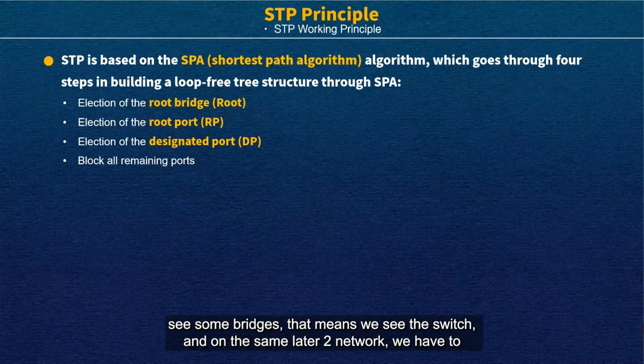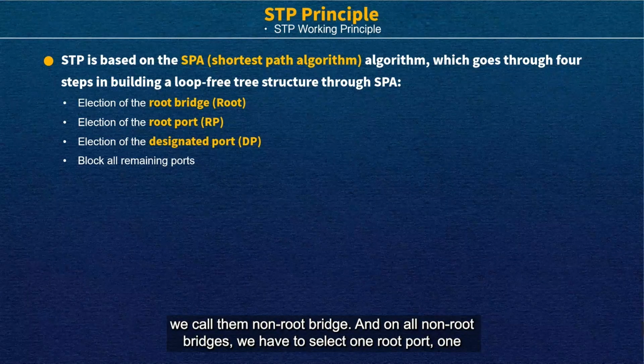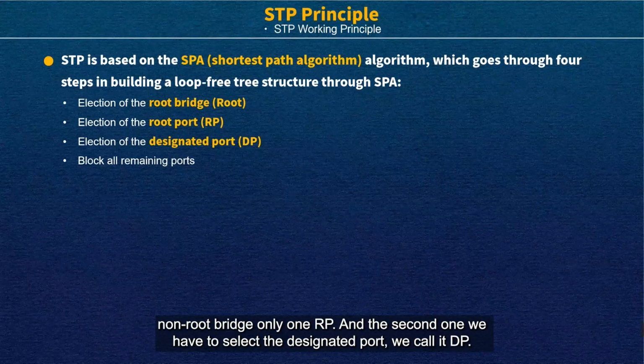On the same layer 2 network, we have to select one switch to become the root bridge, and this one we call the root. The rest of the switches we call non-root bridges. On all non-root bridges, we have to select one root port, only one RP.